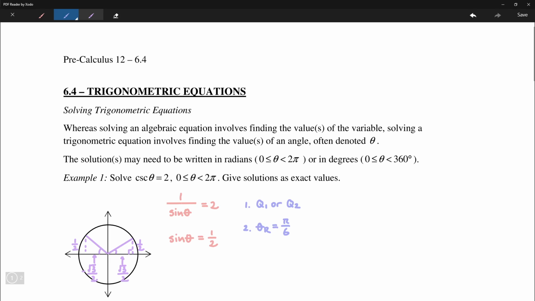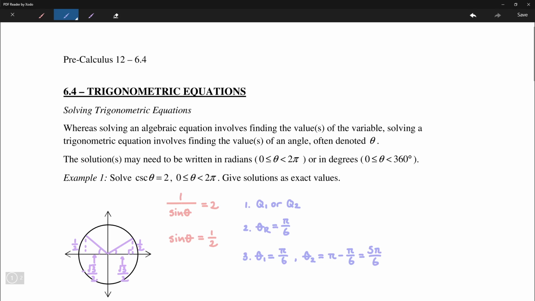Okay, so then the third step, in quadrant 1, of course, we just have theta 1 is equal to pi over 6. And then the second angle is in quadrant 2, and the reference angle is going to be pi over 6. So we have theta 2 is equal to pi minus pi over 6, which gives us 5 pi over 6.